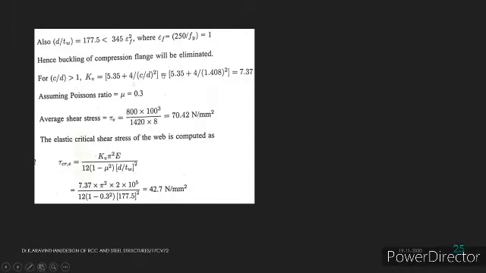Yes, our C by D value will be 1.4. We already know that. If we square that and substitute the remaining values, we will be getting Kv as 7.37, assuming a Poisson's ratio of 0.3 here. Now if you know the Poisson's ratio and Kv, you can find the shear stress.